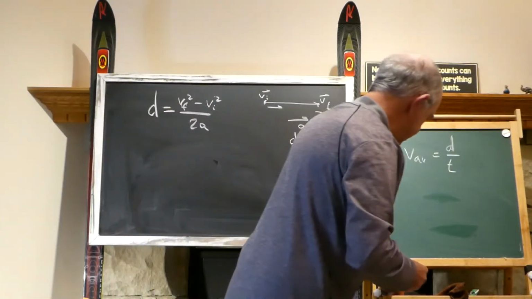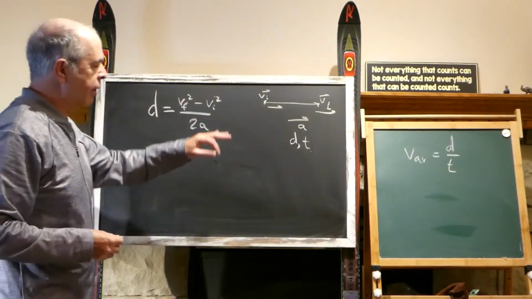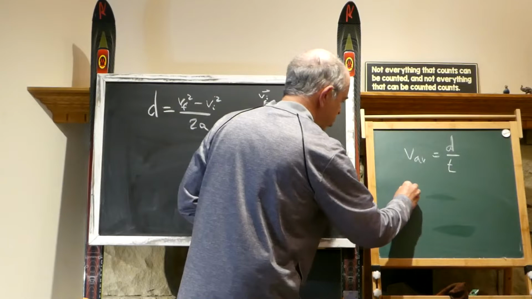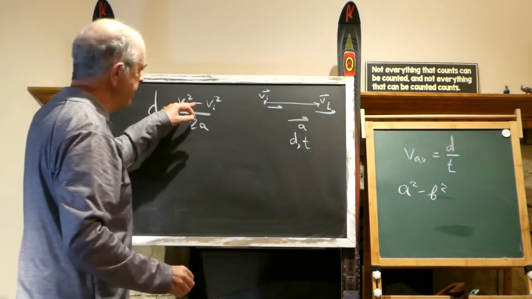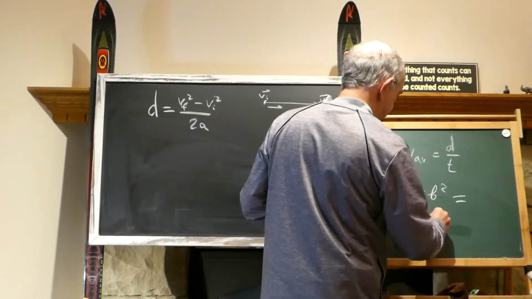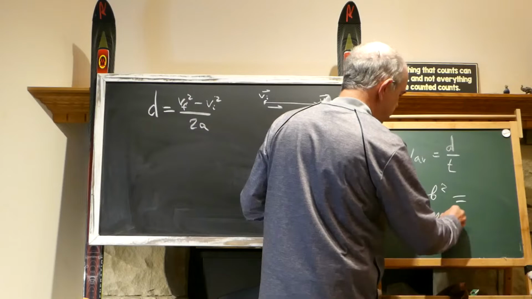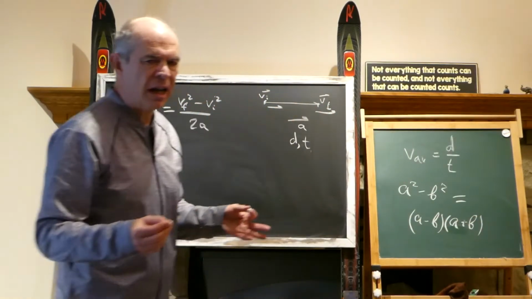And the moment we have one square minus another, there should be like almost a reflex. A squared minus b squared. And we always have to try to write this in this way to see what happens.